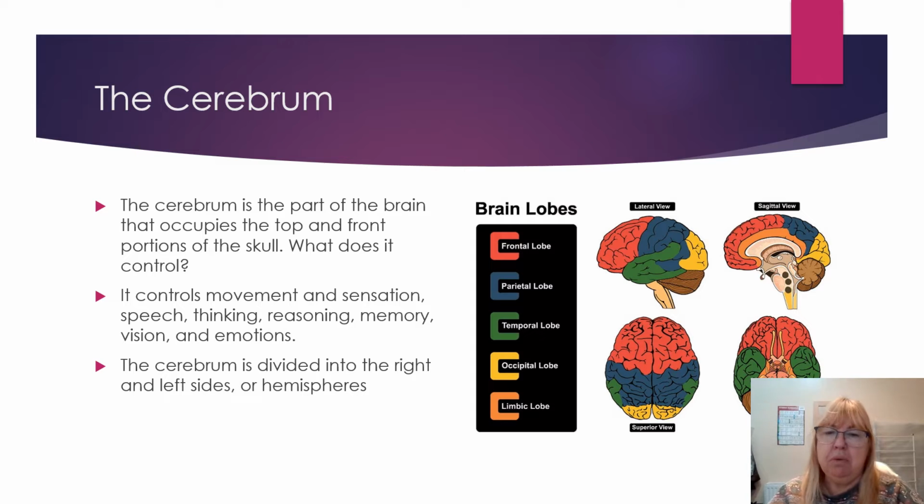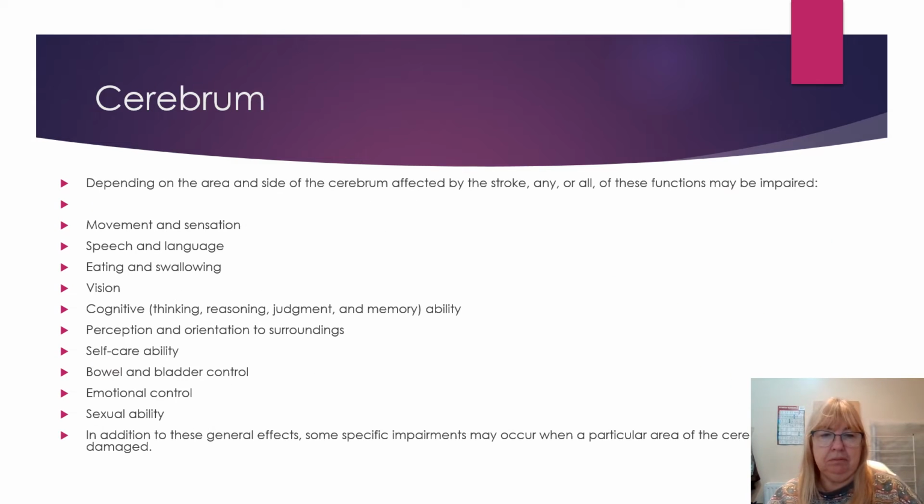So we know the cerebrum controls movement and sensation, speech, thinking, reasoning, memory, vision, and emotions. Quite important. So depending on the side of the cerebrum that gets affected by the stroke, any or all of these functions may be impaired.